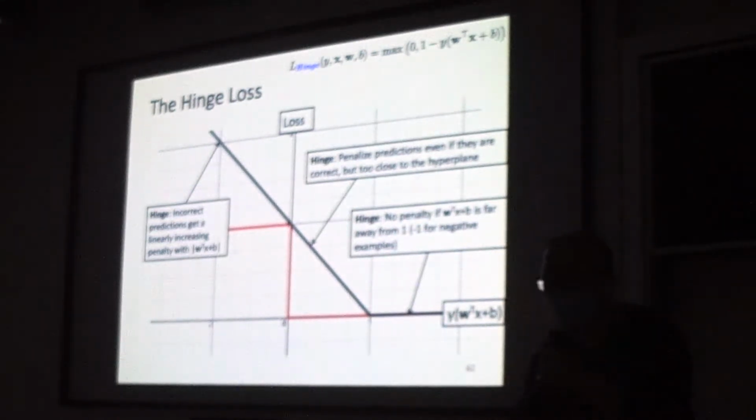You don't suffer any loss. And in the second case, your prediction is still right because this product is non-negative, but the example is too close to the hyperplane.